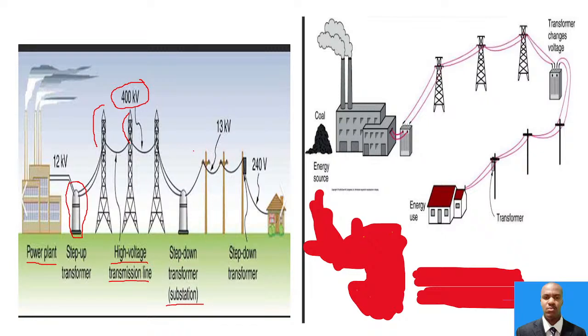From this part it forms the local distribution networks. These are the local distribution networks, and if you look keenly at this post, we have another step down transformer, and this step down transformer is stepping down to 240 volts for this home.